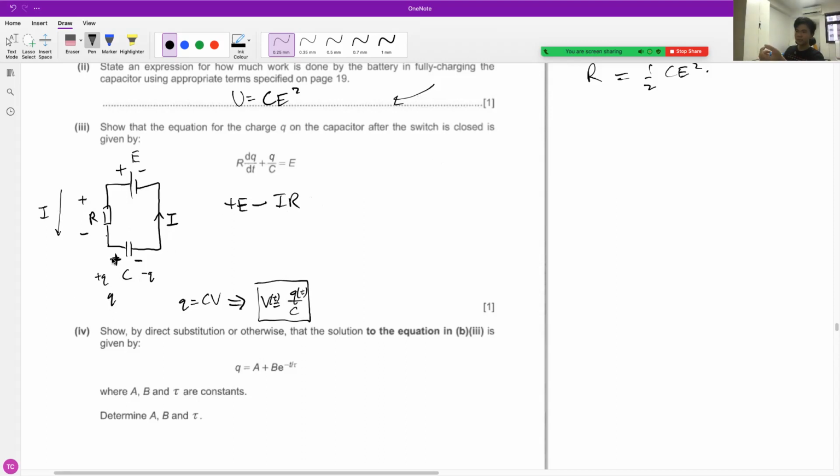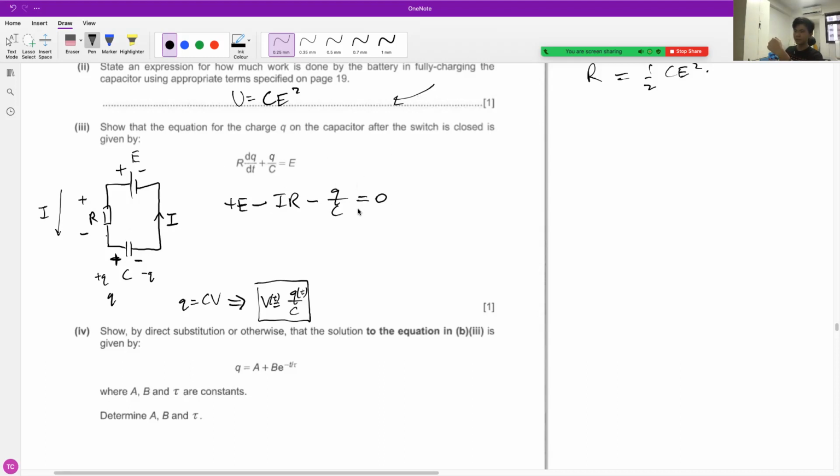Going from the positive charges to the negative charges, you go from a higher potential to a lower potential, which gives you minus Q over C. Getting the minus signs right in this equation is important, and I'll make a separate video on constructing differential equations for LCR circuits. Then you've gone one complete round, so this equals 0.